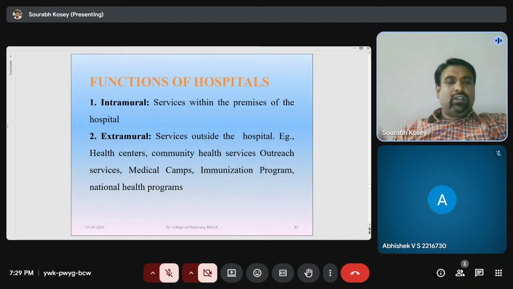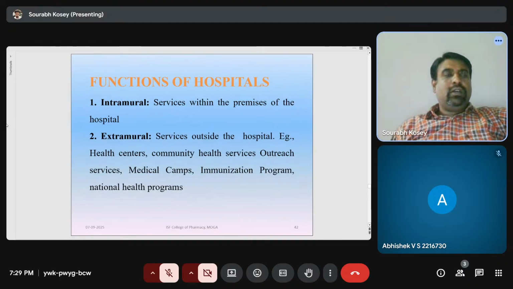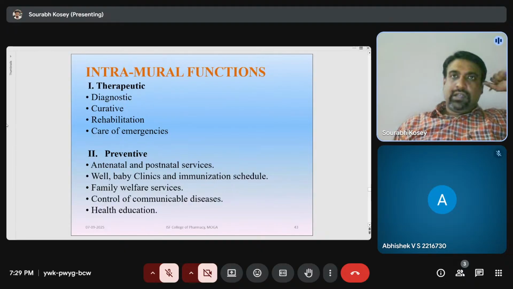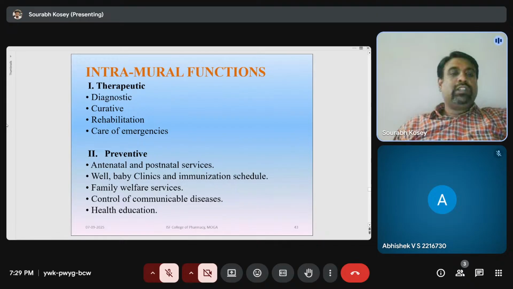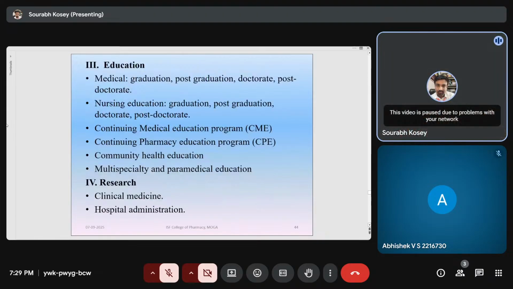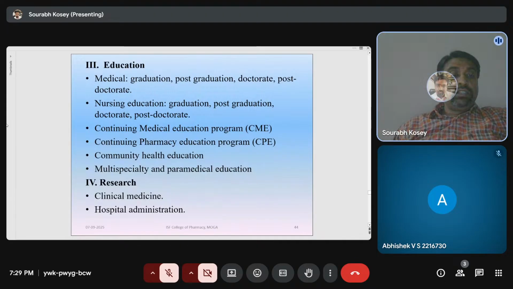There are a lot of services. Community medicine camps are taken up at various places in the community. Immunization services, vaccination programs, national health programs, diagnostic services, preventive care, prophylaxis, rehabilitation, smoking cessation, care of emergency, antenatal and postnatal services, well baby clinics, immunization schedules, family welfare services, control of communicable diseases, health education, etc. Then continuing pharmacy education programs for medical as well as pharmacy.